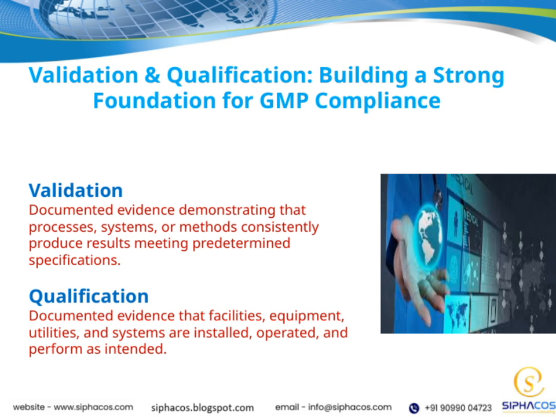Both validation and qualification form the foundation of good manufacturing practice, or GMP. Building this strong foundation is key to ensuring that our operations are dependable, compliant, and capable of consistently producing safe and effective products. When we integrate validation and qualification into our processes, we not only meet regulatory requirements, but also reinforce our commitment to quality at every stage.